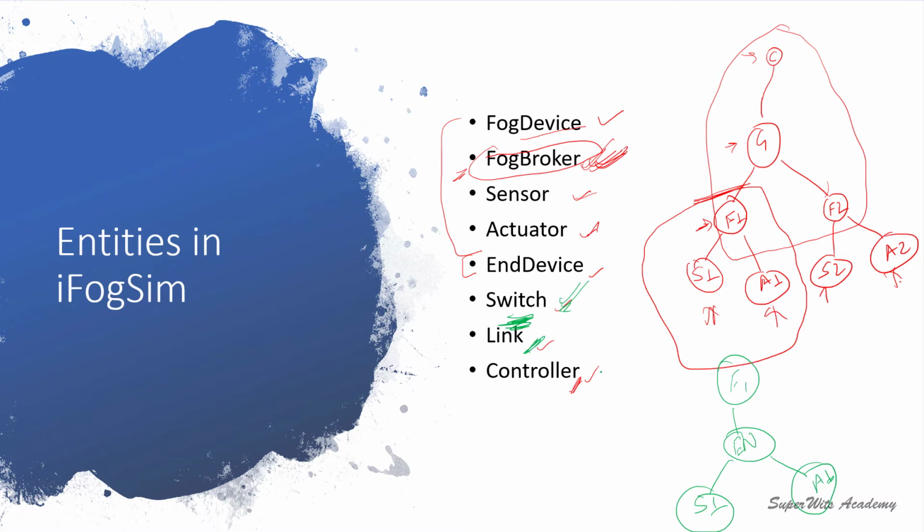The link is responsible for the transmission of information among all these nodes. And finally the controller, which sees where the placement of the application is going to happen, and all that stuff. So this is the general idea about the entities within iFogSim.